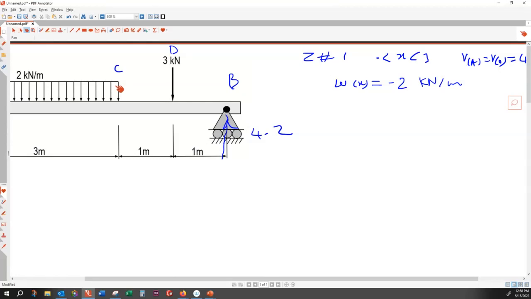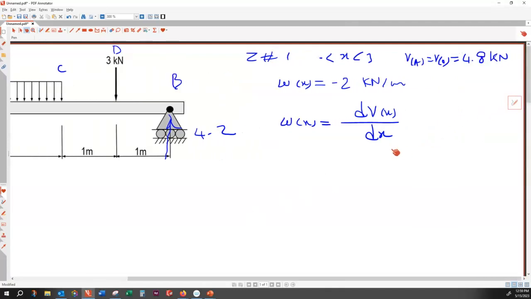Okay. All right. Now, the next thing, what is the method of equation? I'm trying to summarize that for you, Darcy. We know the method of equation is W of x is related to the shear force in a differential way. So if I take the derivative of the shear force with respect to x, that is going to be W of x. Let me expand this relationship for you, Darcy.